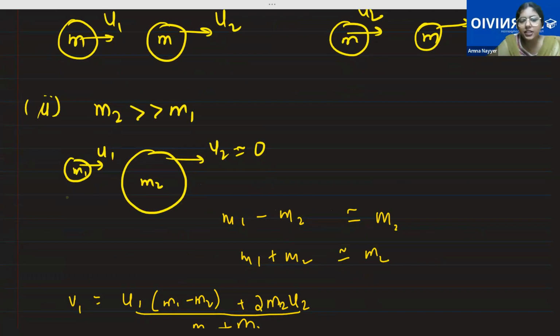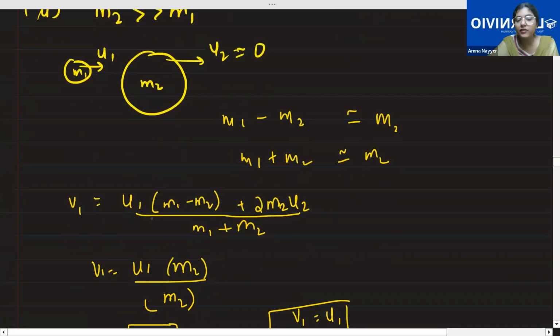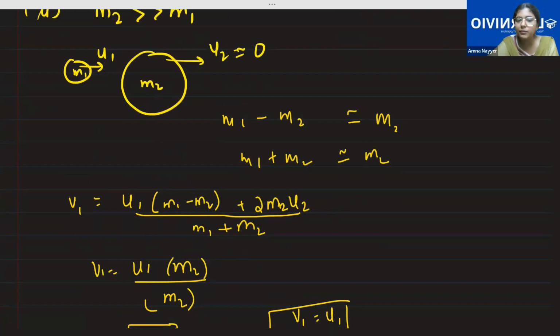If I have a 1 kg mass and 1000 kg, 1000 minus 1 or 1000 plus 1 will almost be equal to 1000. So we just equate it with m2 if m2 is greater. So v1 will be u1. This whole term m1 minus m2 is just written as m2.